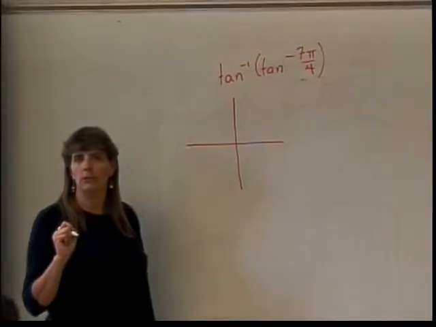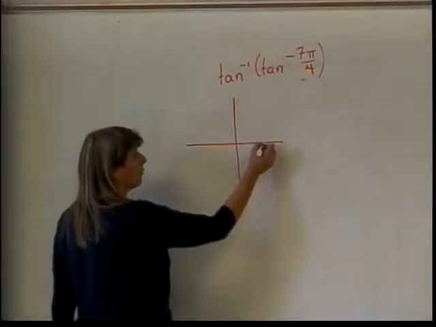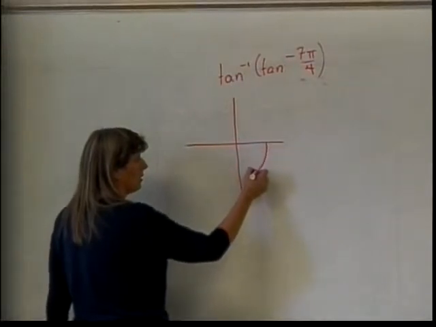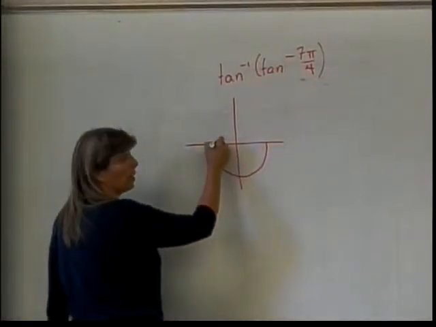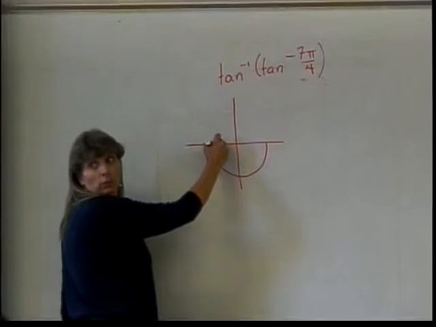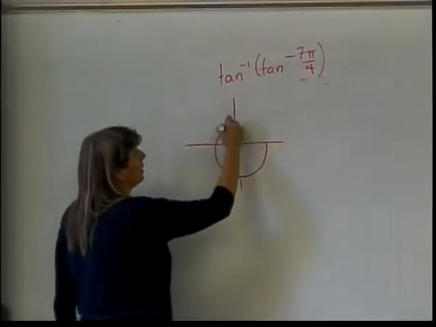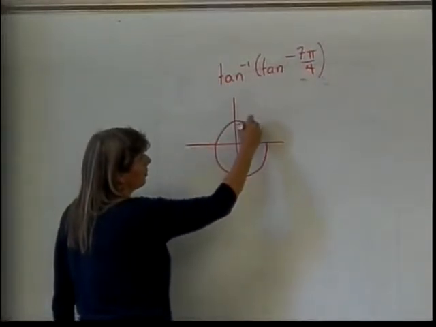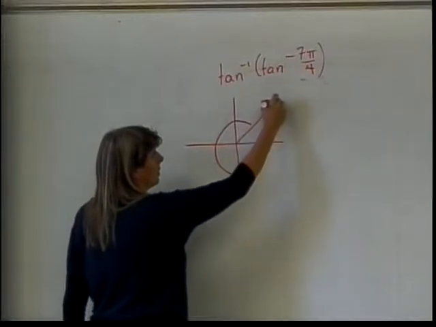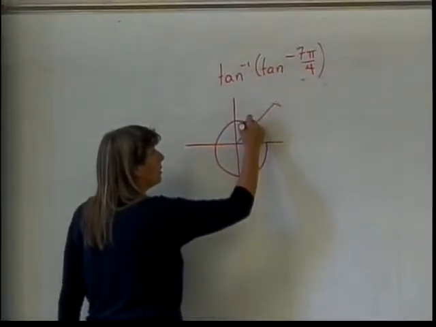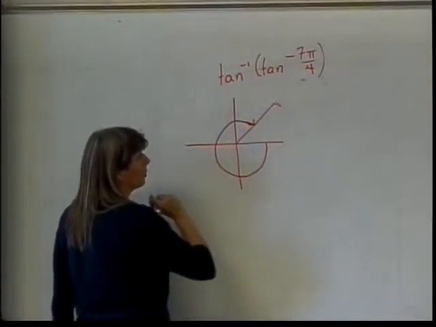Clockwise. So in the negative direction, when I've gotten to here, I'm at negative 4 pi over 4. When I've gotten to here, I'm at negative 6 pi over 4, so there's negative 7 pi over 4.